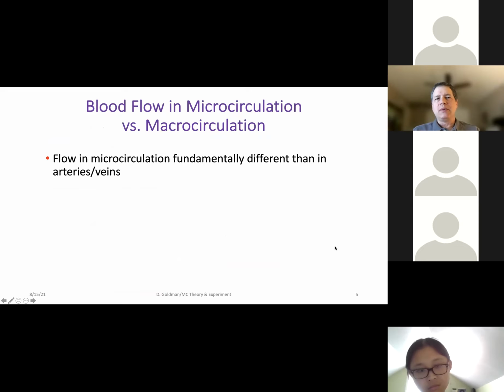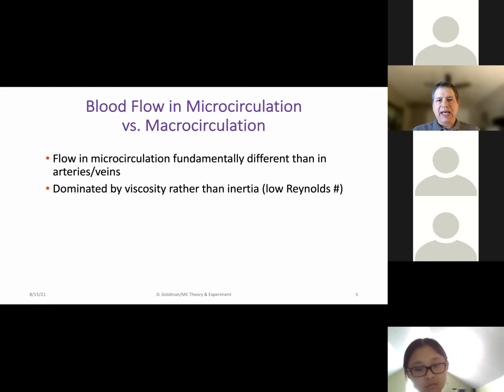One thing to keep in mind is that blood flow in the microcirculation is very different from the macrocirculation. You can't really just think everything's smaller. There are really different things going on in the microcirculation. For one thing, viscosity is really important. In the larger vessels, larger arteries, there's a lot of inertia, there's a lot of dynamic things going on, but microvessels are dominated by viscosity.